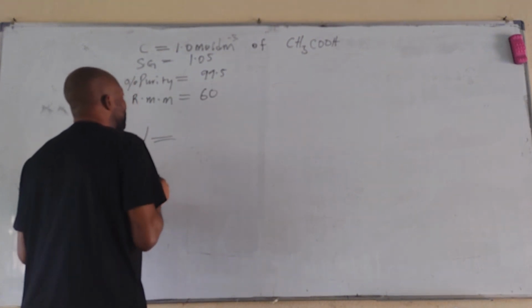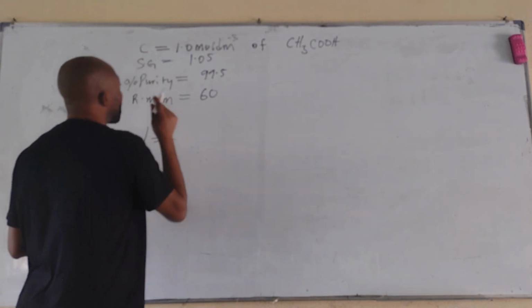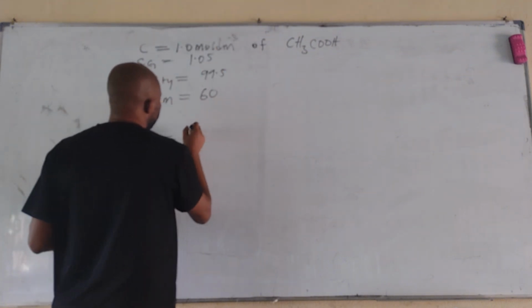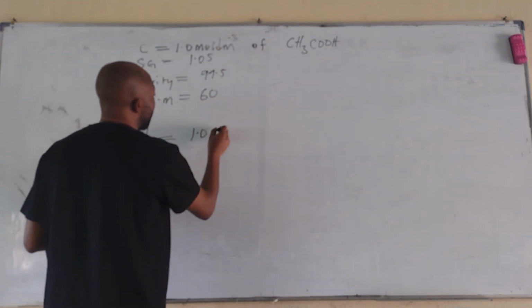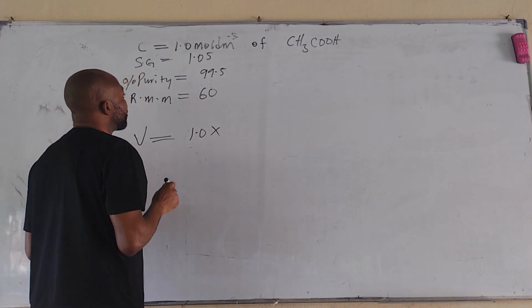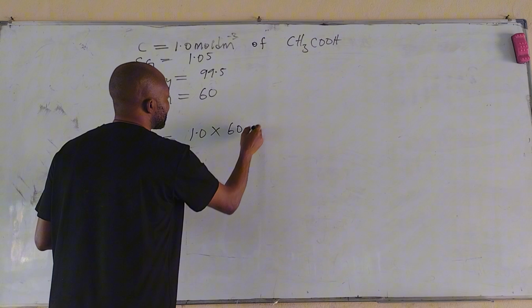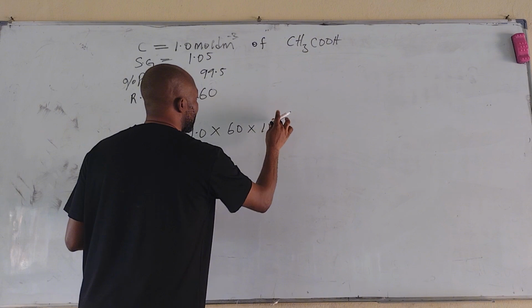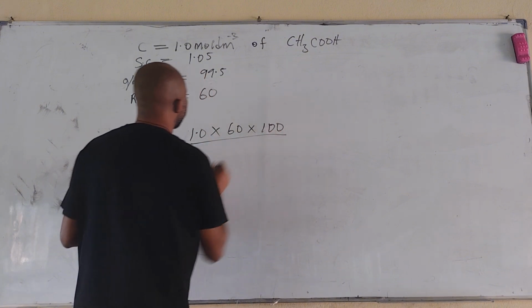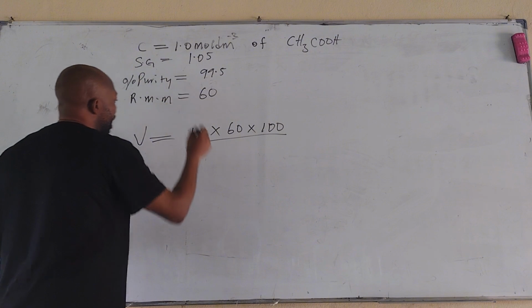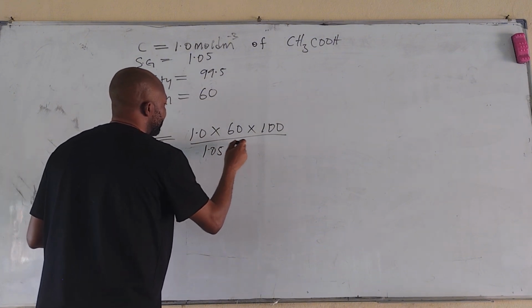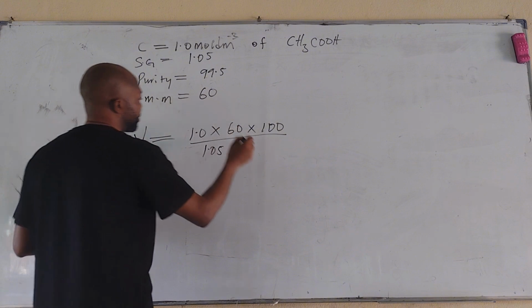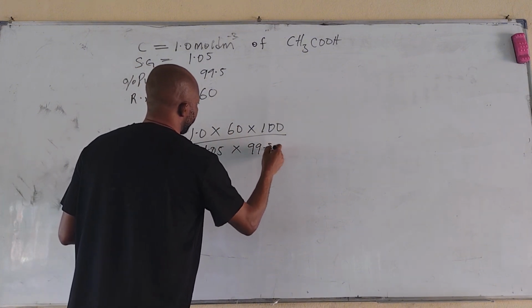Now the volume concentration becomes the required concentration, which is 1.0, times the relative molecular mass, which is 60, times 100, all over the specific gravity, which is 1.05, times percentage purity, which is 99.5.